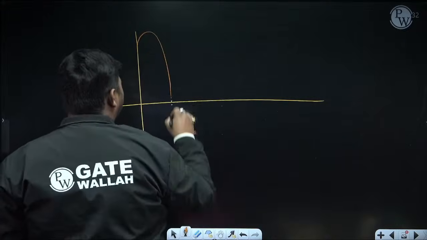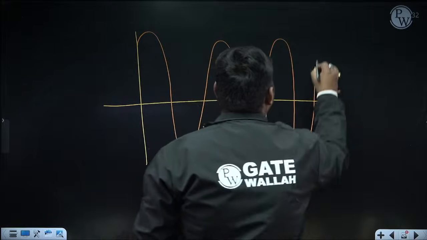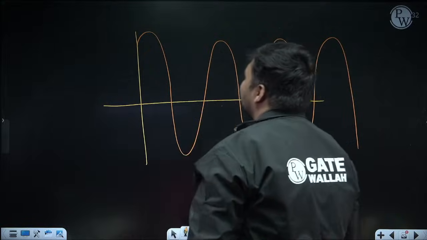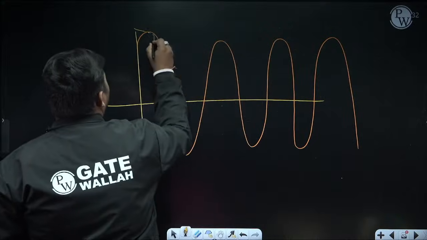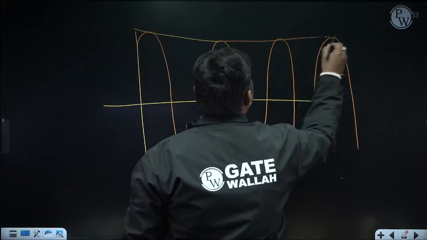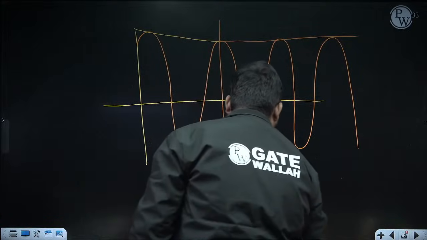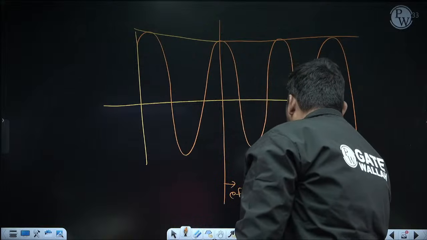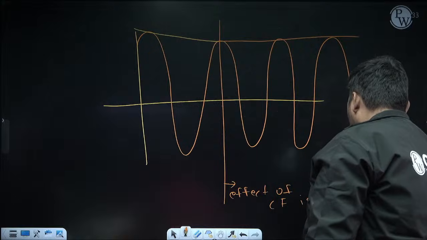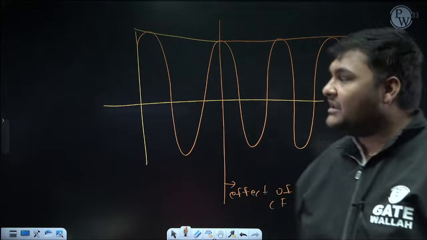Initially the amplitude of the graph will reduce, but after some time, when the effect of CF is negligible, here we are assuming the effect of CF is negligible, the graph of x is the same as the graph of PI.